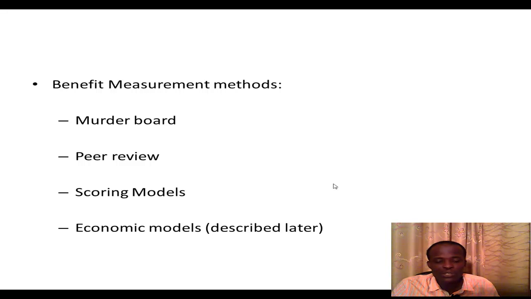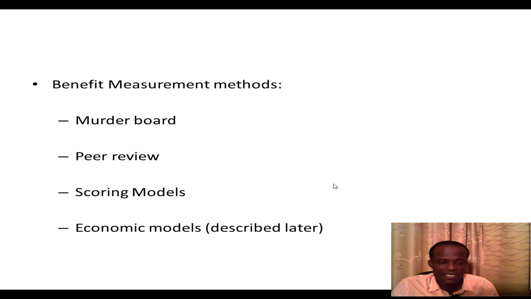We start eliminating them based on which ones don't pass the test until the last one or few that are standing become candidate projects. That's the murder board.